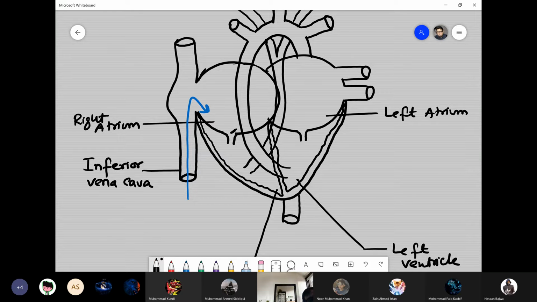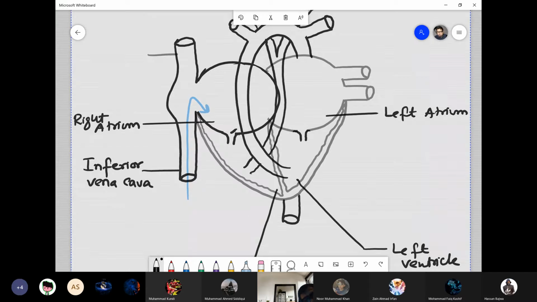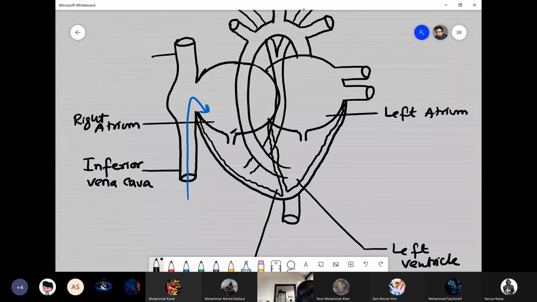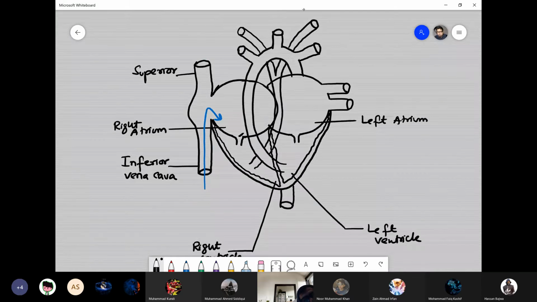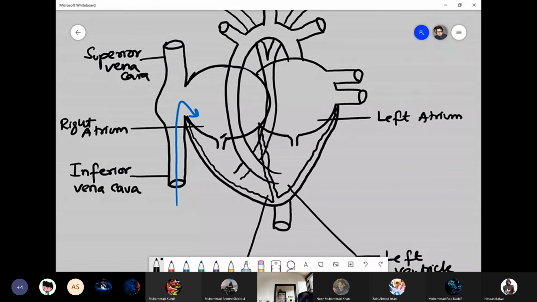Then, boys, this one over here is called the superior vena cava. Now, why is it called superior vena cava?